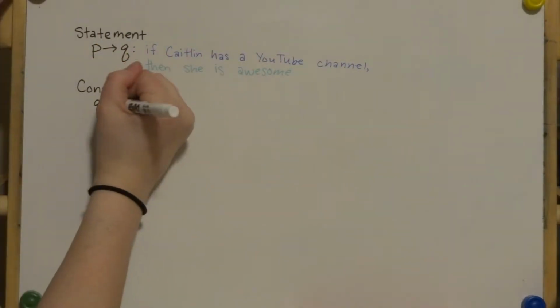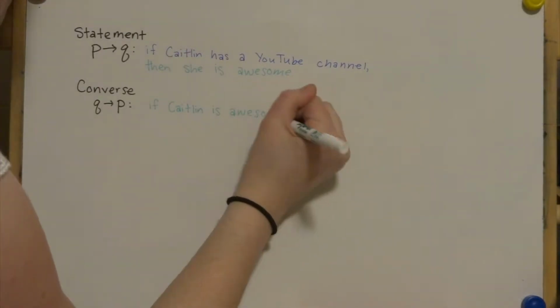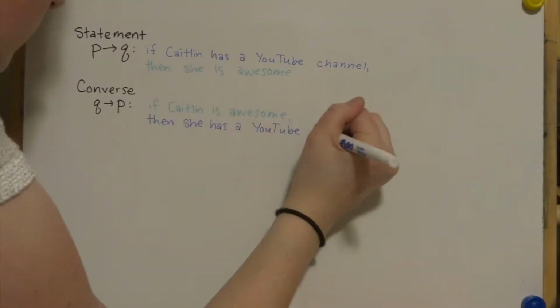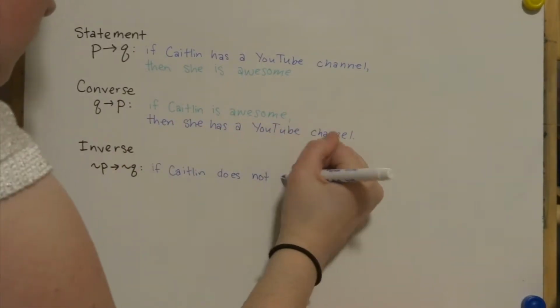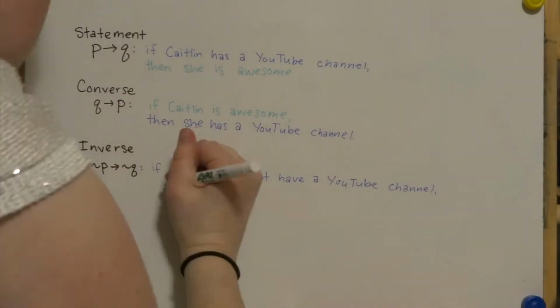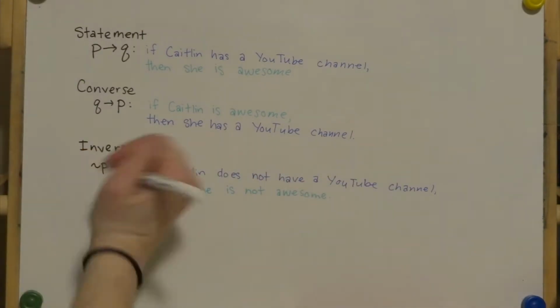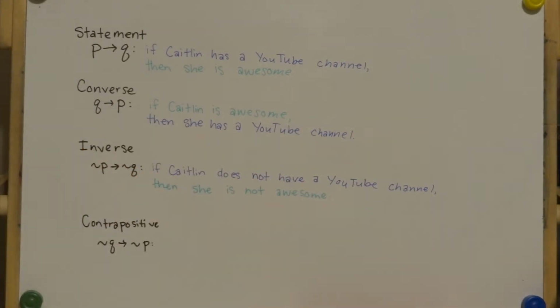The converse is when you switch the two terms. The inverse is when you negate both terms. And the contrapositive is when you do both.